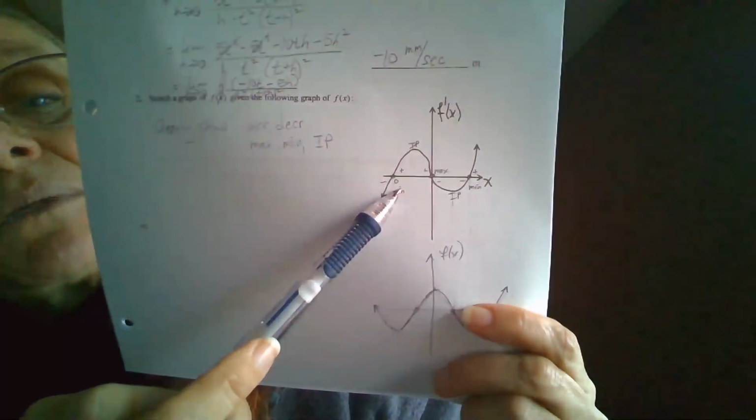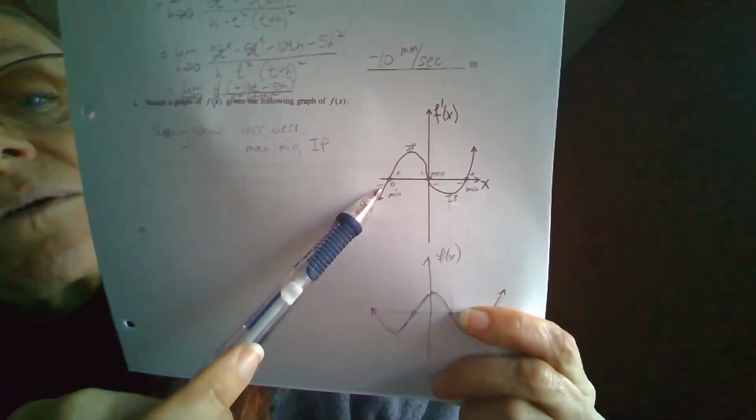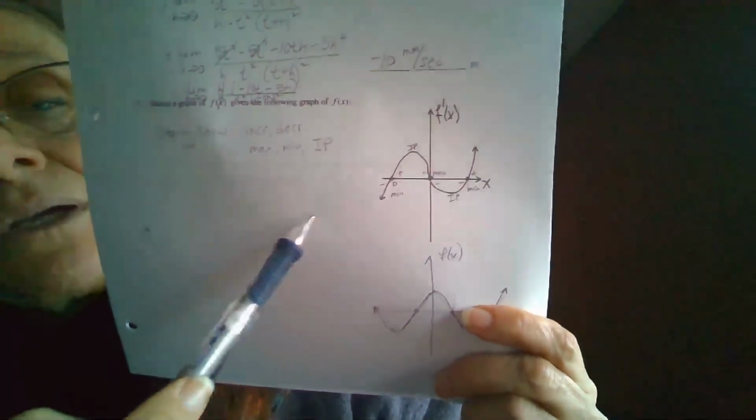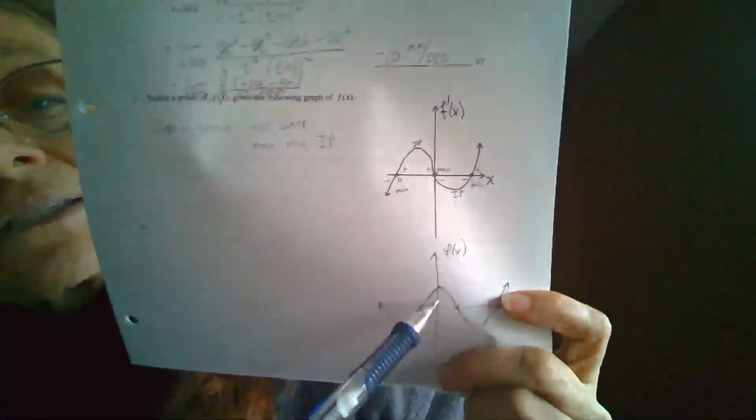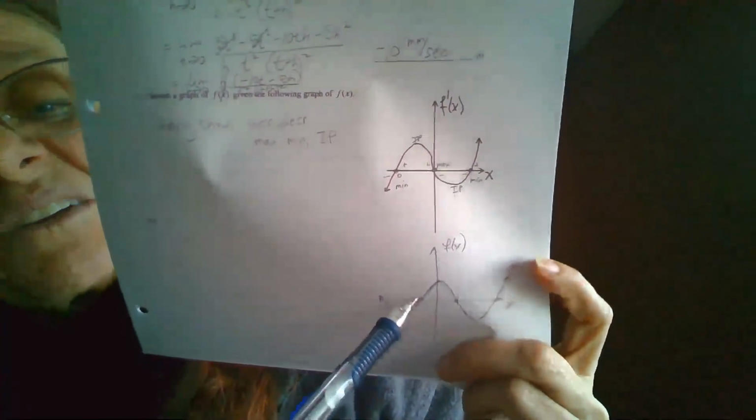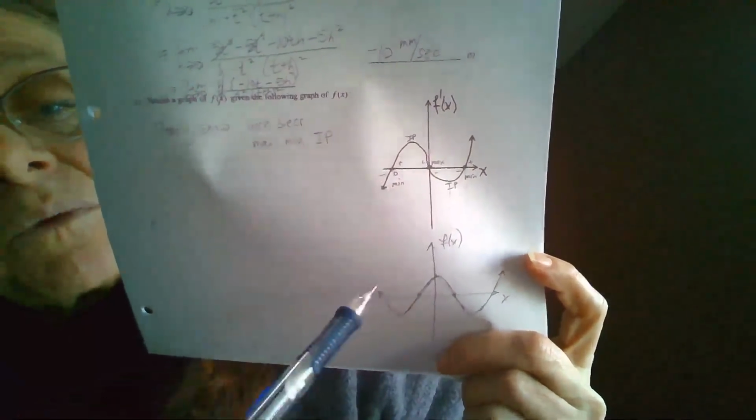For this one specifically, it's a min because it's going from negative to 0 to positive, right? So in other words, it's kind of like this, which is what we're seeing back here.